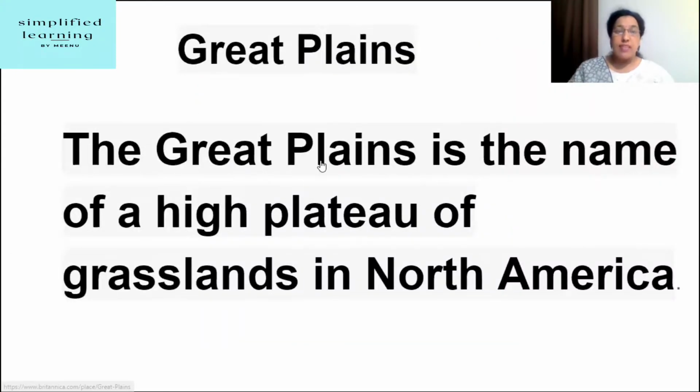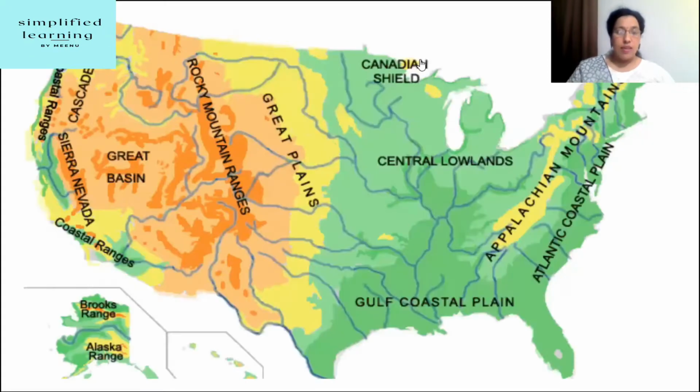The Great Plains is the name of high plateau of grasslands in North America. The Central Lowlands extend from the Hudson Bay in the north to the Gulf of Mexico in the south for a distance of more than 6,000 kilometers. This region lies between Western Cordilleras and the Eastern Highlands, having a width of about 2,000 kilometers.